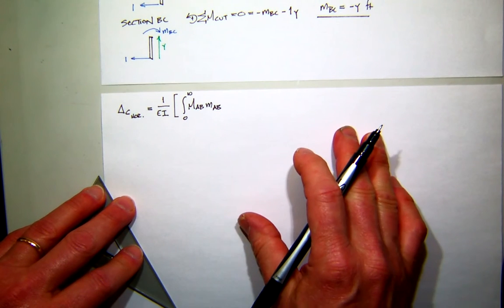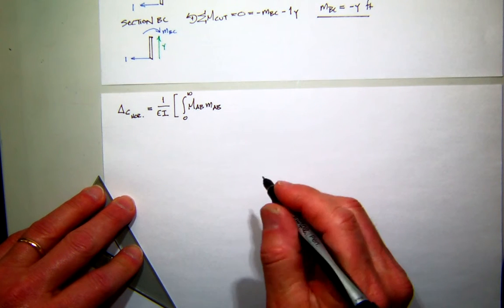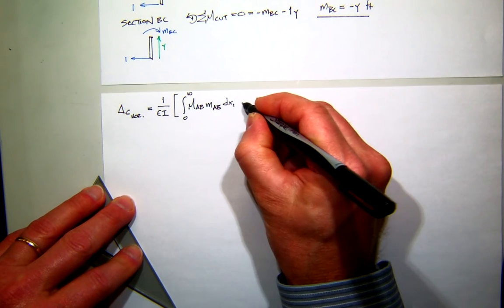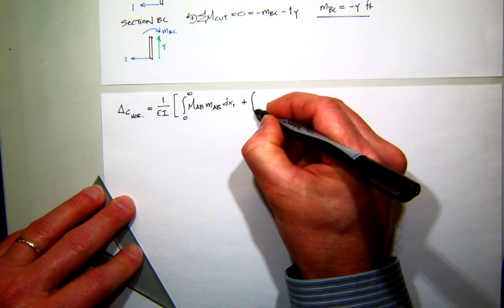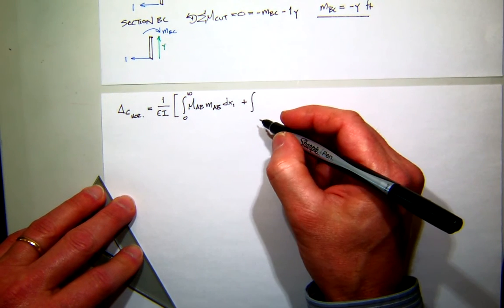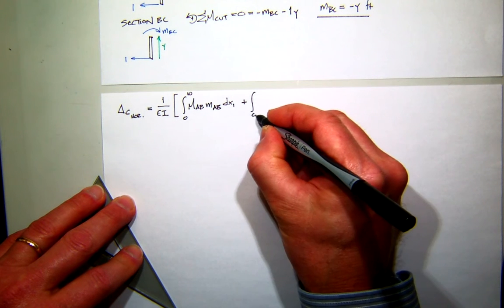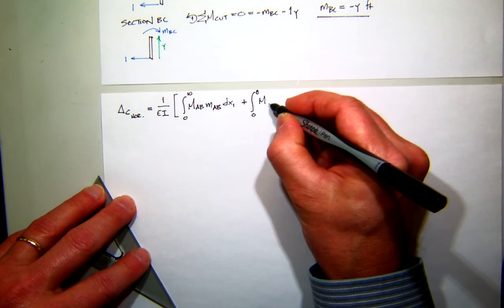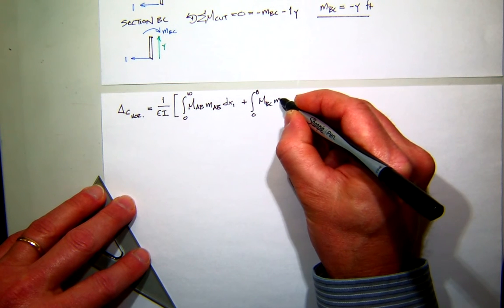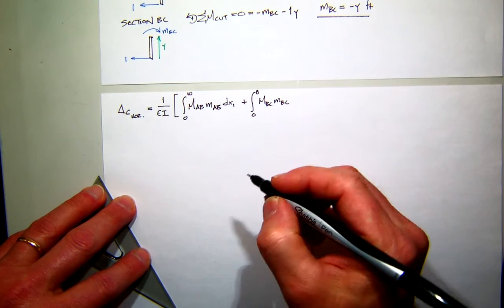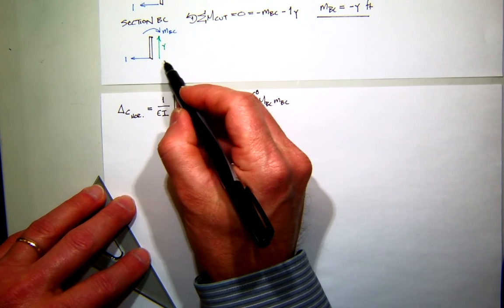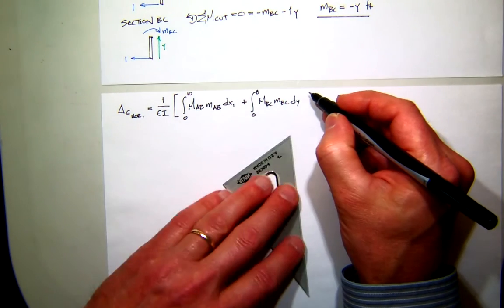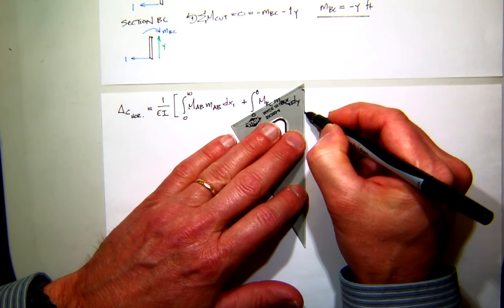And I chose a variable for that. I think it was x1, so this will be dx1. Then I'll add the bending energy in section BC, which goes from 0 to 8. And I'll get the real moment in BC, virtual moment in BC. In that case, I chose y as my variable, so we'll integrate that dy. So there's the general virtual work expression.